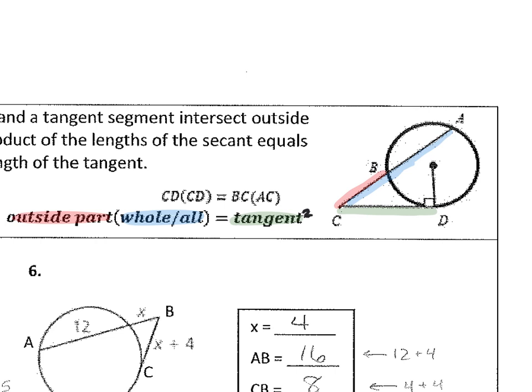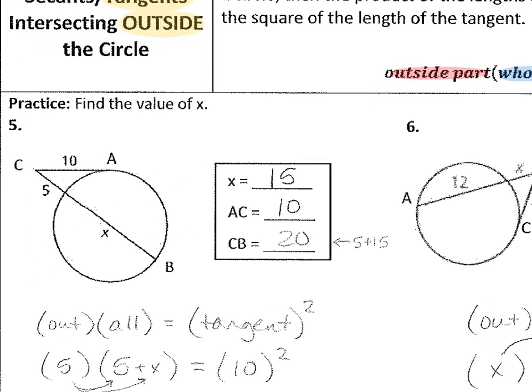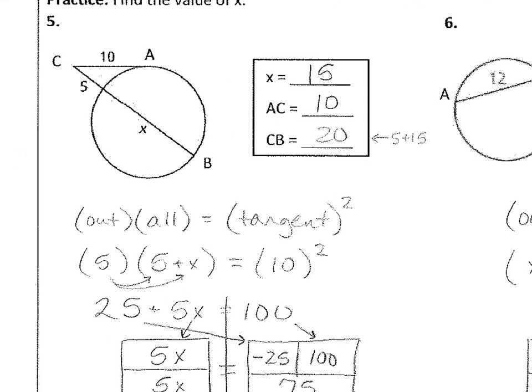It's going to feel just like the problem we did before, but maybe a little bit more challenging. So in number 5, I noticed that it's intersecting outside the circle, but that CA is a tangent line. So I use the tangent formula, which says I'm going to take the outside part, which is 5. I'm going to take the whole part of that segment, all of that segment, which is what plus what?